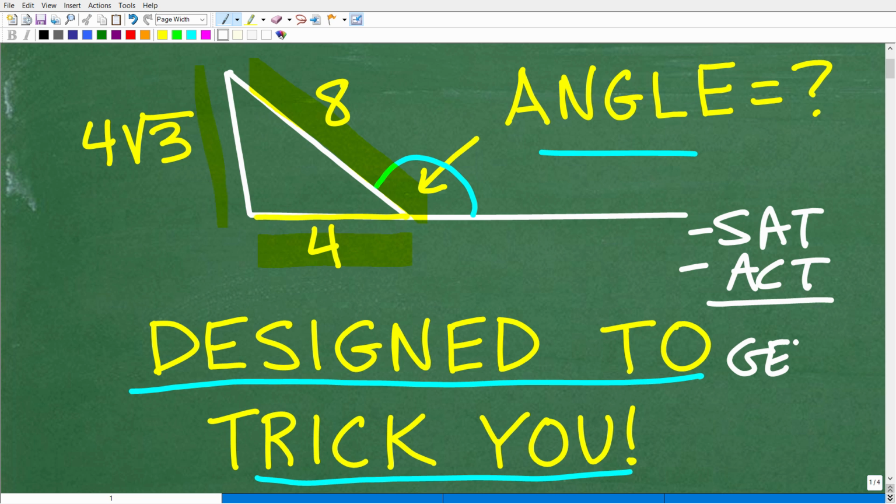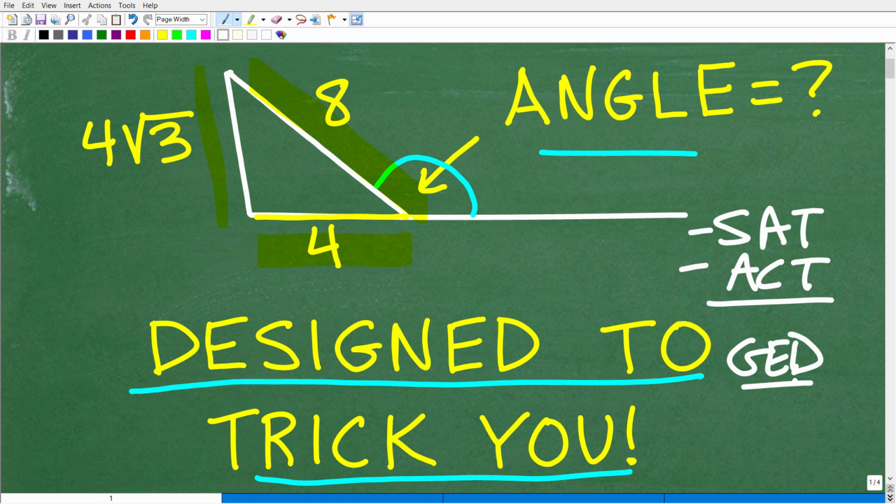Sometimes you might even see this stuff in the GED exam. But a lot of standardized tests or big tests that you have to take, whether it's getting into college or graduate school or whatever the case might be, oftentimes from the math section, try to do little things to deceive you just to see how strong your knowledge of mathematics is. So it's always good to practice these type of things.